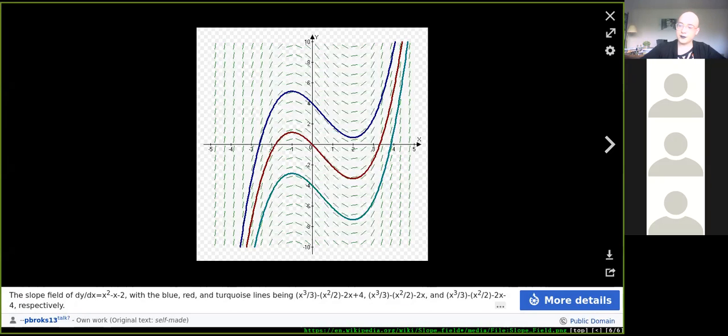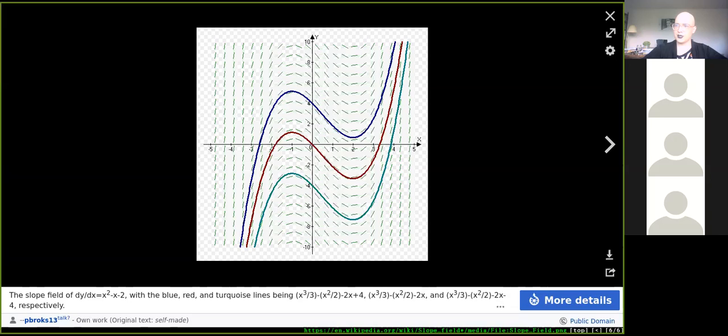When you see dy dx, you should think that's a slope of something. So if we were to integrate that function on the other side of this, that function would have some tangent lines at different points, and dy dx would tell us what those tangent line slopes are.